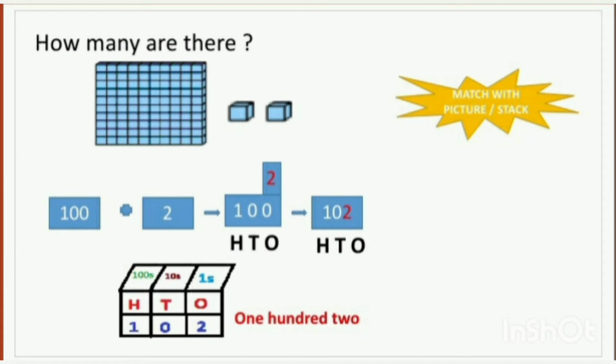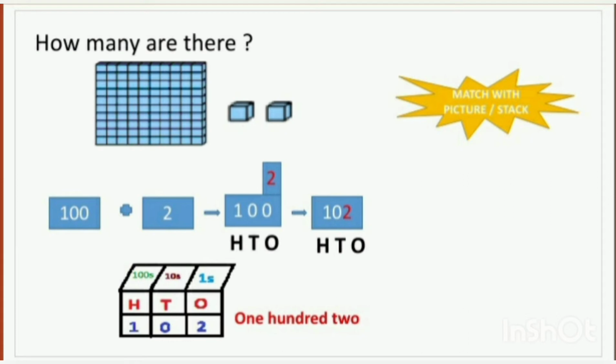So in ones place 2 is written. Can you see a stack of 10 cubes? No, no tens are given, so in that place we have written 0. Now how many hundreds do you see here? 100. So in hundreds place we have written 1.